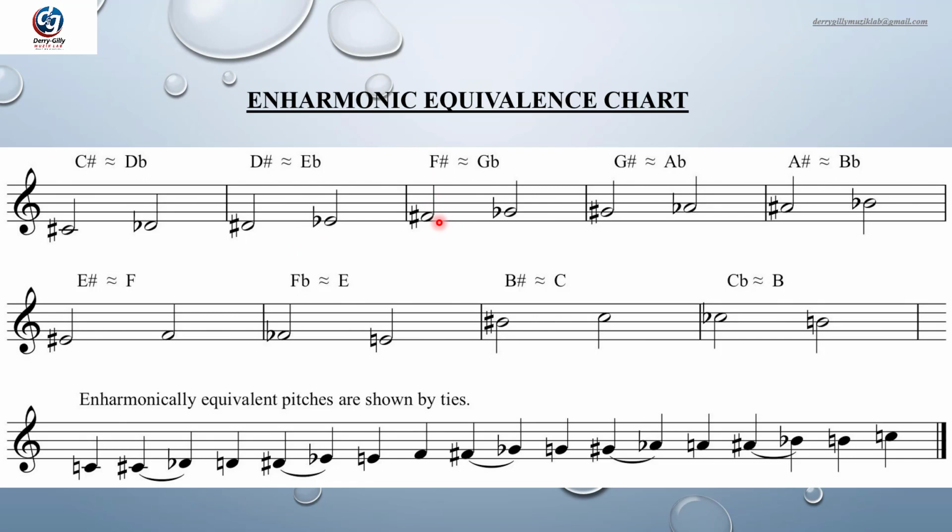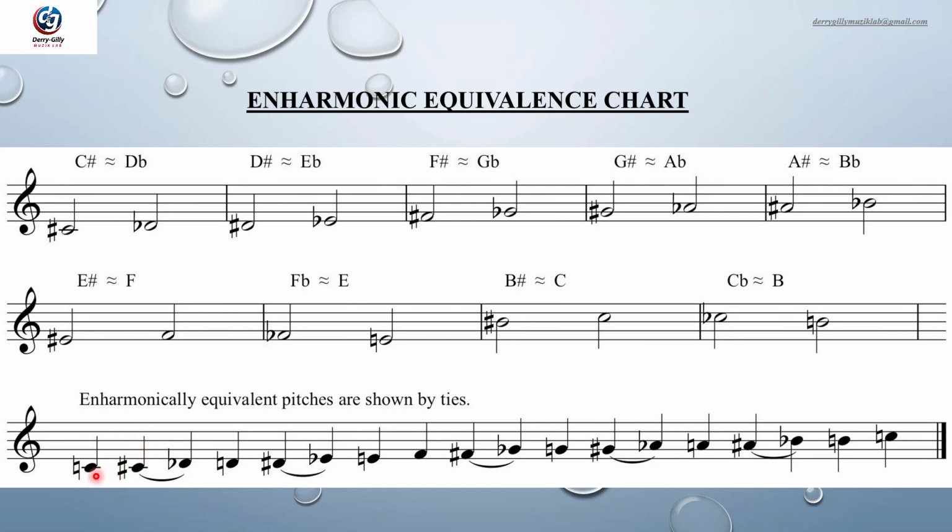So likewise, F sharp being enharmonic equivalent to G flat, we have G sharp being equivalent to A flat, we have A sharp being equivalent to B flat, E sharp being equivalent to F, F flat being equivalent to E natural, then we have B sharp being equivalent to C, then we have C flat being equivalent to B natural. Please, you have to take note of this, because enharmonic equivalents can be very confusing at times. So let's look at the next chart here, which says that the enharmonic equivalent pitches are shown by ties.